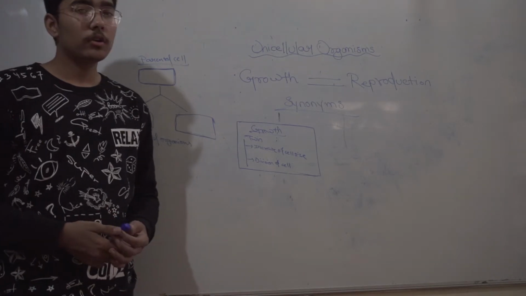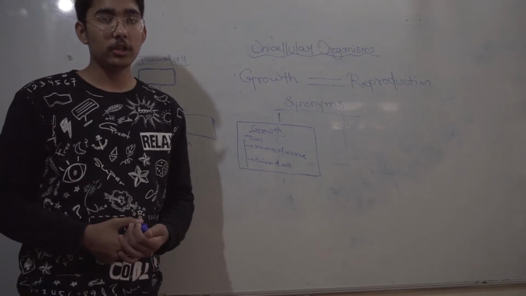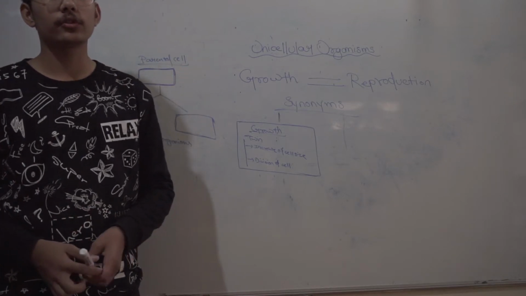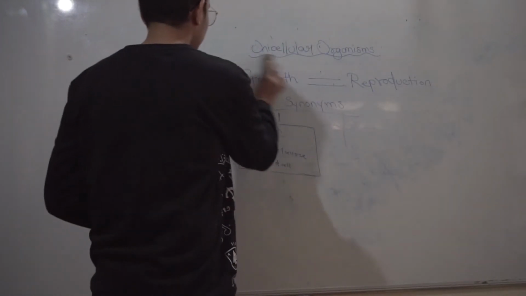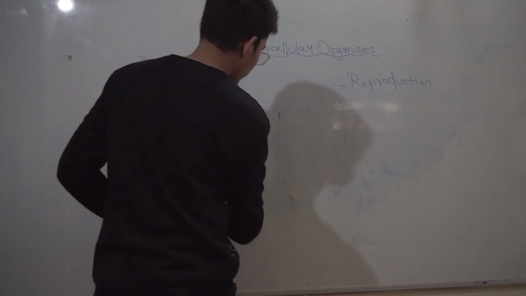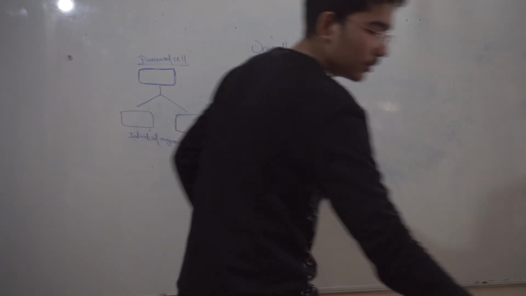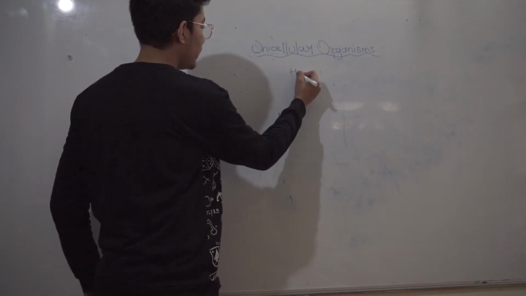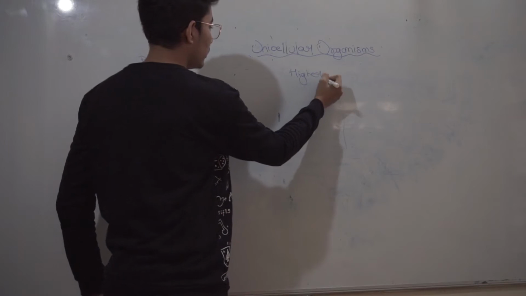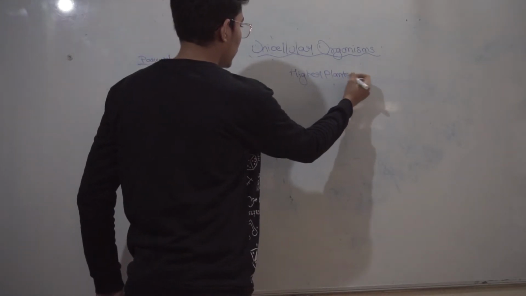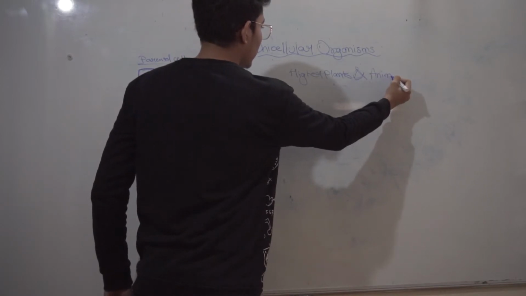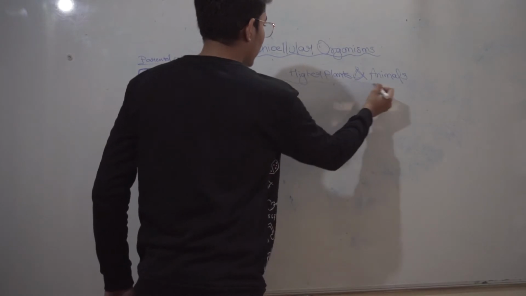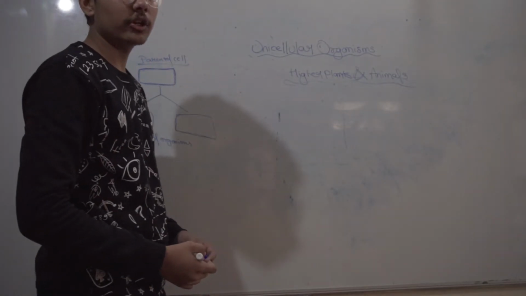Now, in the case of sexual reproduction, or say in higher plants or animals, both are multicellular organisms.